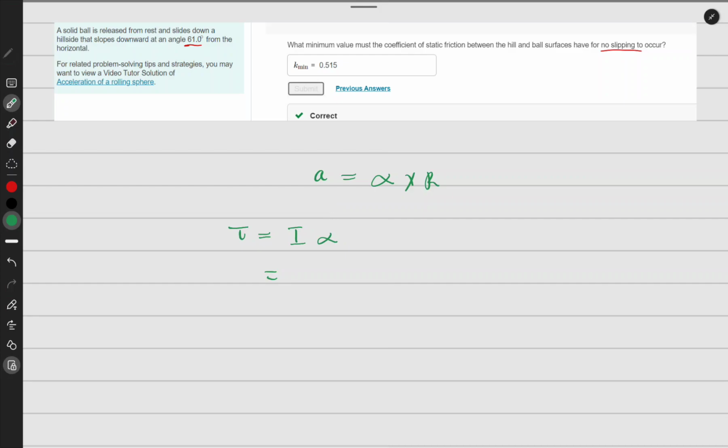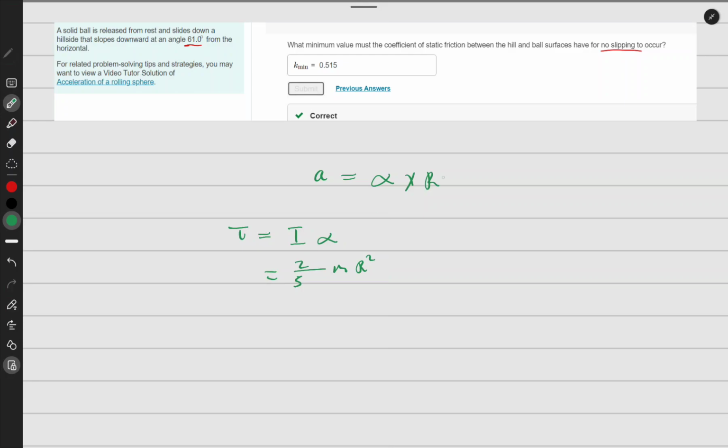So what else can we use? We know this is a solid sphere here. That means we know its moment of inertia, right? The moment of inertia formula should be 2 over 5 m r squared.